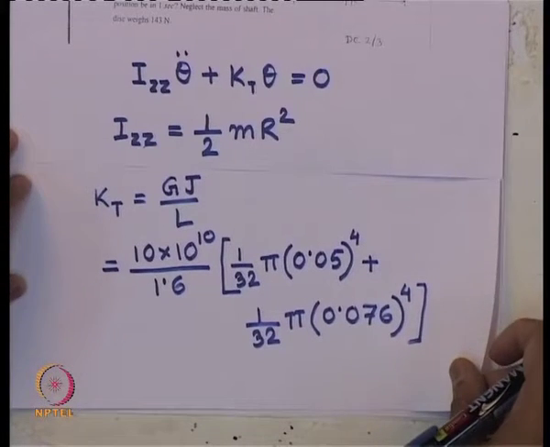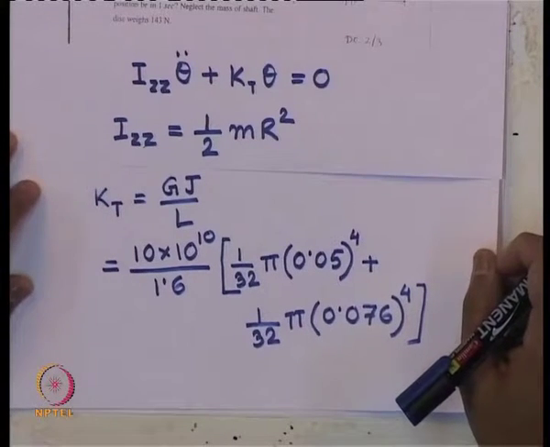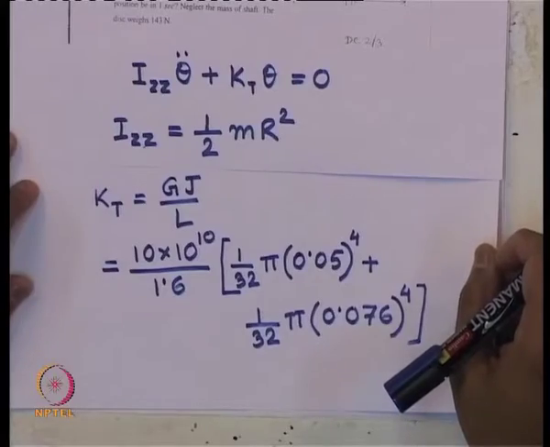So, what next? We can put these values of I_zz and the value of k_t in our governing equation of motion, and let us see how it looks.